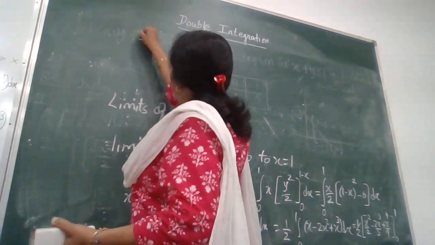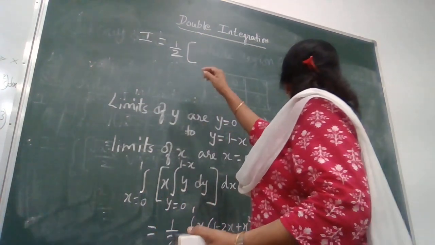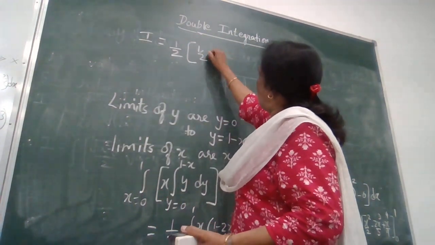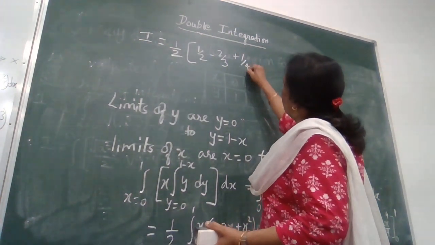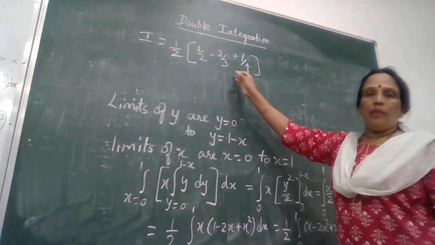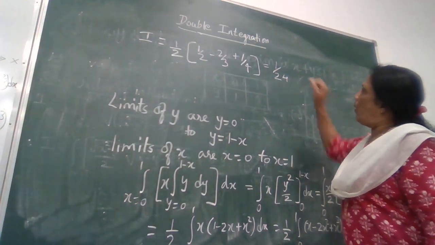The integration gives us 1 by 2 minus 2 by 3 plus 1 by 4. Simplifying the bracket and multiplying, the final answer that we get is 1 by 24.